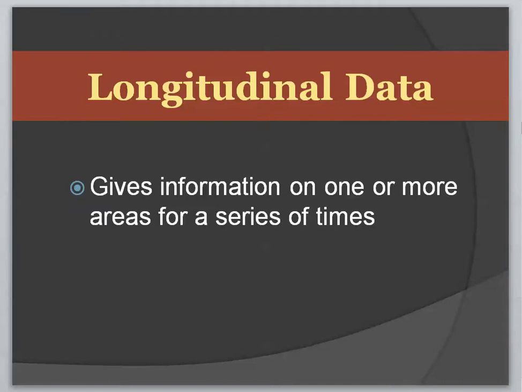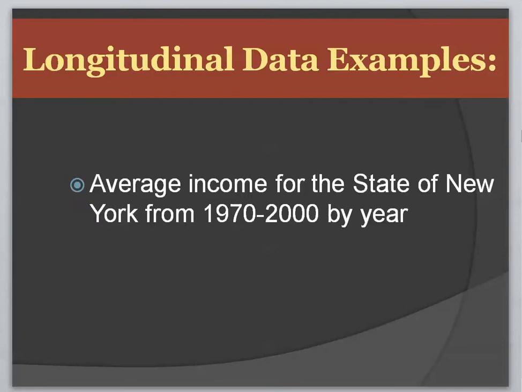So now, the other side of that coin is longitudinal data. It gives information on one or more areas for a series of times. Now, kind of related to that LA example, average income for the state of New York from 1970 to 2000 by year. Now you say, okay, you pulled out the magic camera again and you just looked at the state of New York and you're looking at average income.